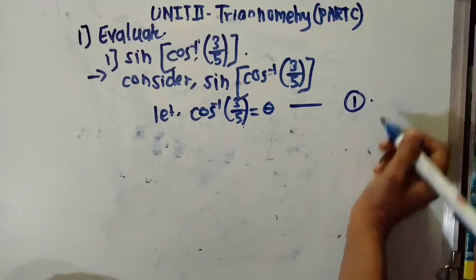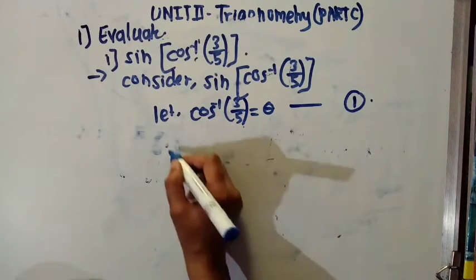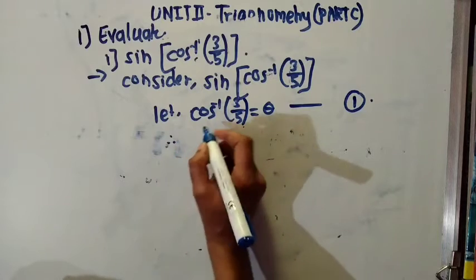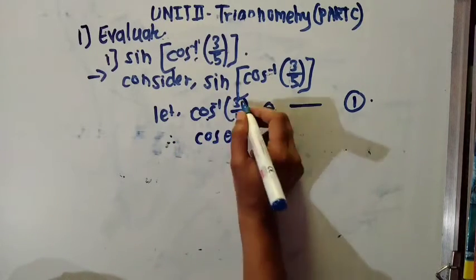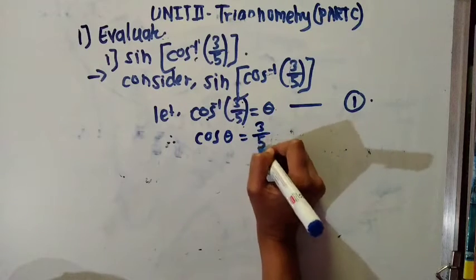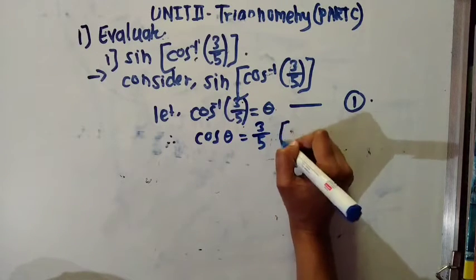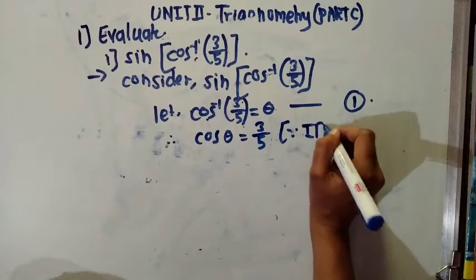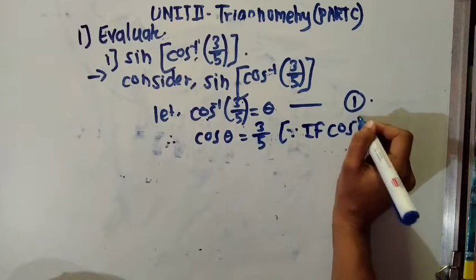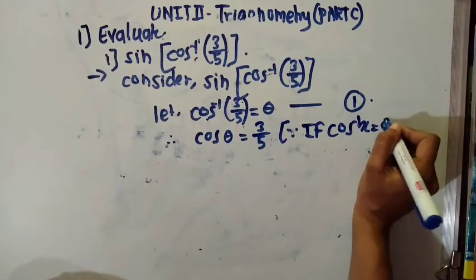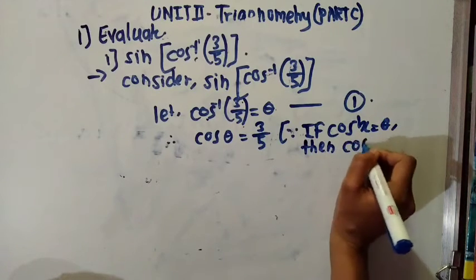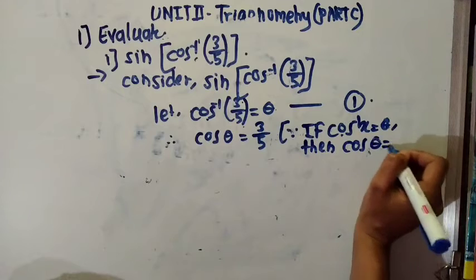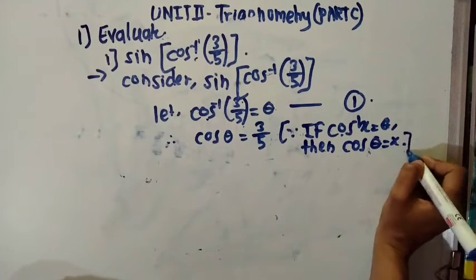This is the first equation. Hence, cos theta is equal to 3 upon 5, since if cos inverse of x is equal to theta, then cos theta is equal to x.